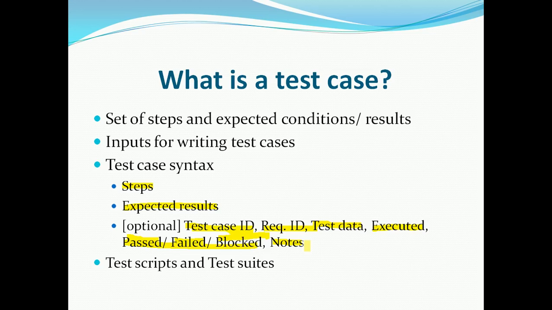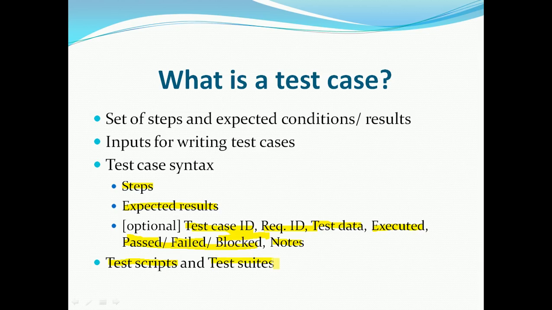Whatever test cases you have chosen to execute in your test run become your test script. So the test cases that are going to be executed become the test scripts, because they are really certain procedures that you need to execute in your testing.